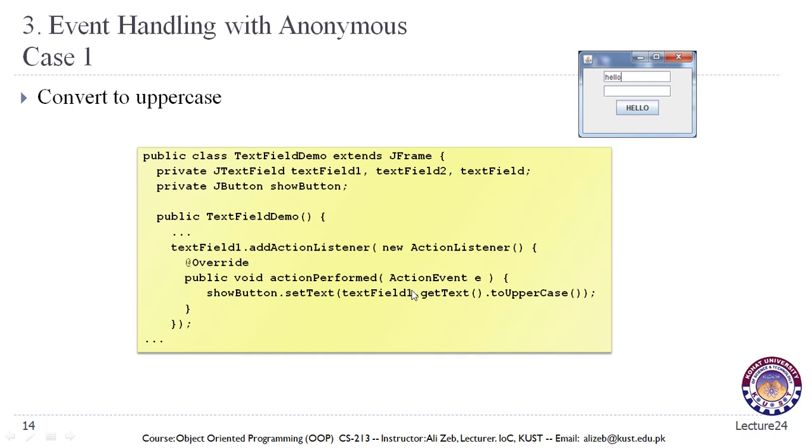When we click on this show button, the text of this button should be set to the text of text field 1. This is how we get the text from text field 1, convert it to uppercase, and set it to the button. So this is simple one-line code that will perform that event.